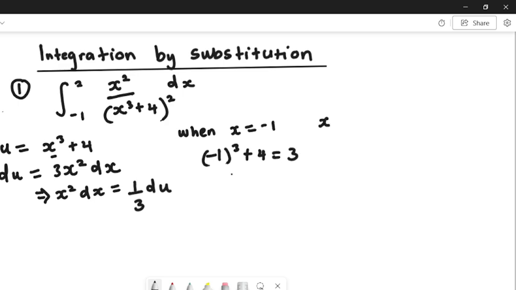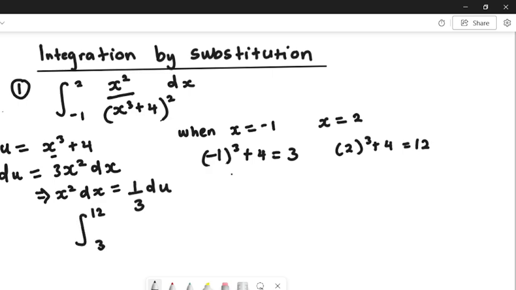And when x is equal to 2, we get 2 cubed plus 4, which gives us 12. So we get an overall new integral, which is quite simpler.